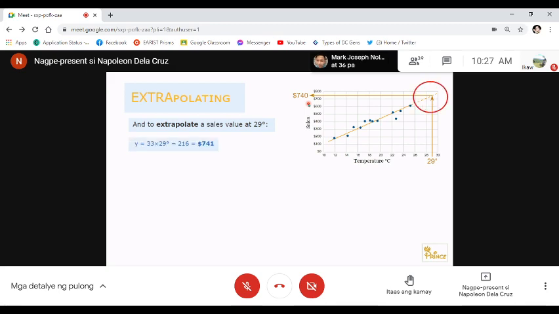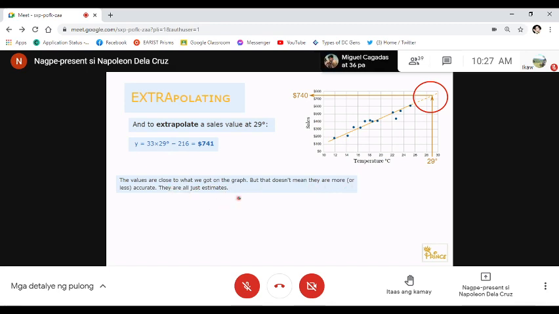So therefore, we will now substitute the x there as 29. 33 times 29 minus 216 is equal now to 741. 741, to be exact. So therefore, the values are close to what we got on the graph. But that doesn't mean that they are more or less accurate.